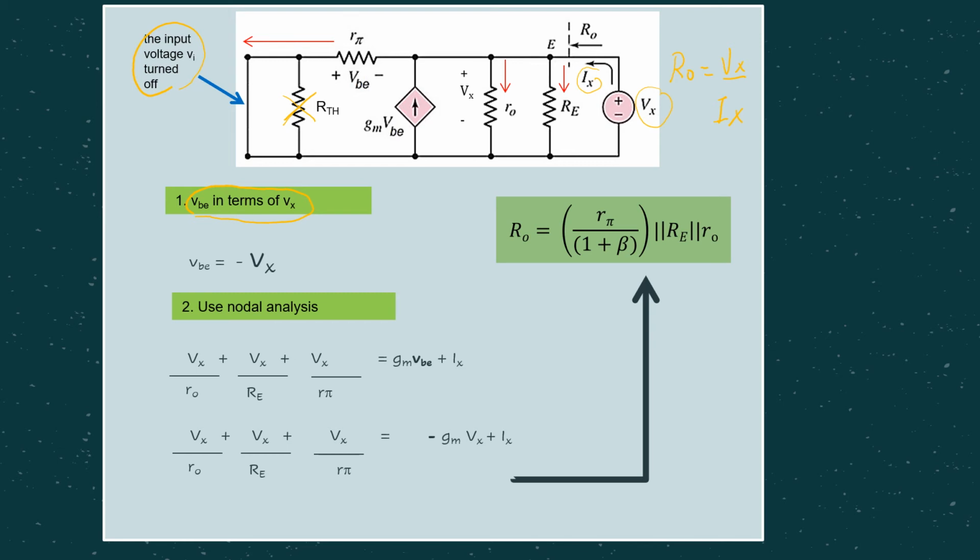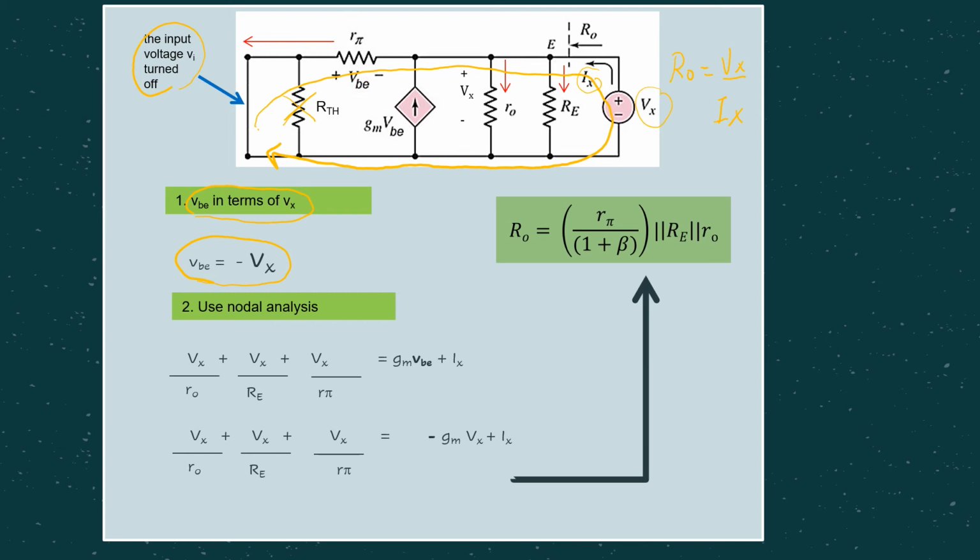Then if you consider the outer loop here, you can see plus VBE plus Vx equals 0, right? So that's why we can say VBE is equal to negative Vx.